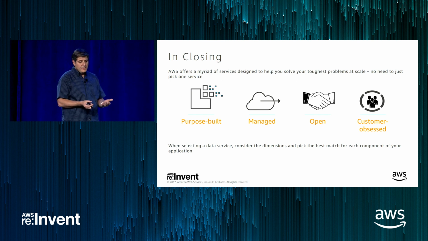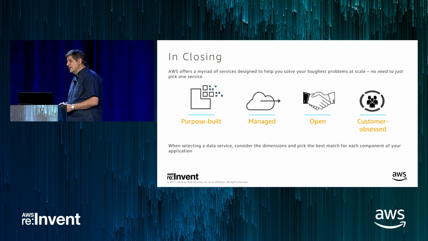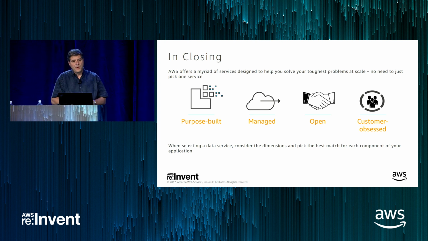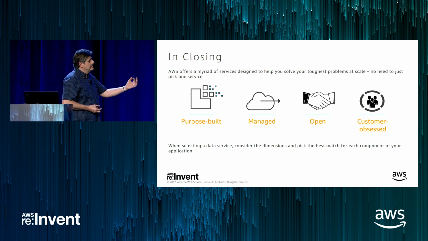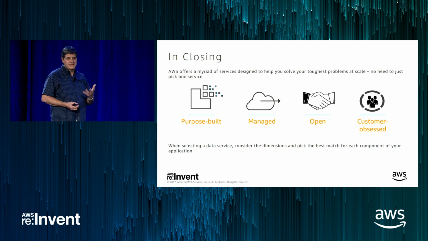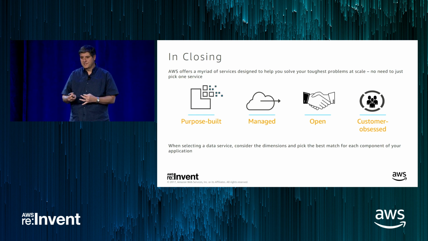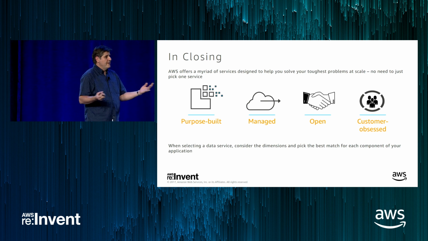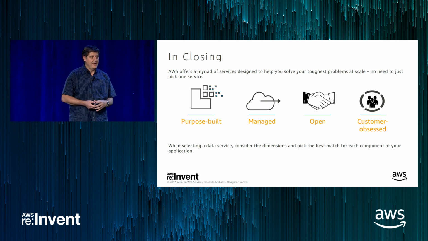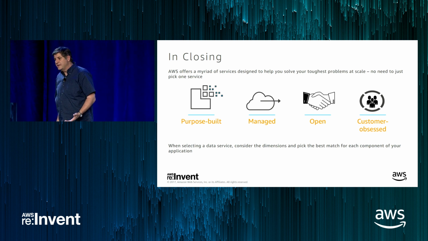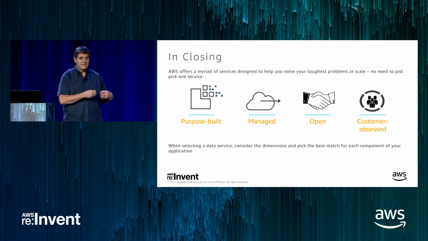We try to make sure that everything is managed so you don't have to take the inconvenience. And we are always trying to stay open. So ElastiCache, for example, with Redis or Postgres or MySQL, none of these are AWS things. You want to take your MySQL database somewhere else, you can. And so that is the idea of remaining open so that you can bring stuff in and you can take stuff out.